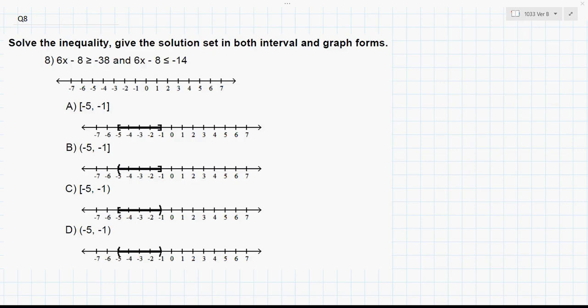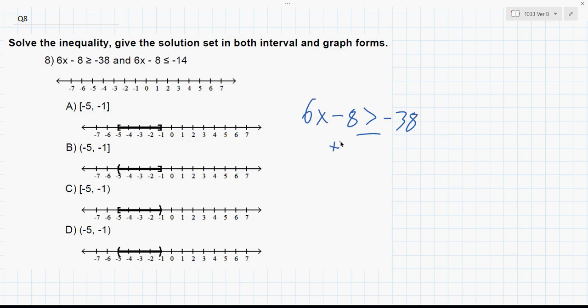Solve for the inequality and give the solution set both intervals and graph form. We're going to have to solve each one down. So we're going to have 6x minus 8 is greater than or equal to negative 38.